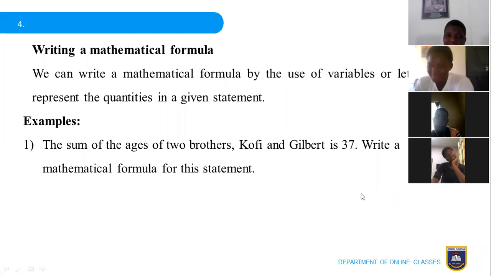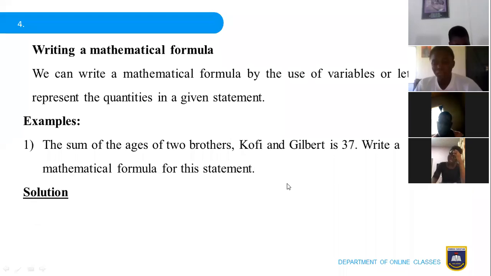So let's see what we have here. Solution. Let's see our suggested solution here. Since we don't know the variables for Kofi and Gilbert, you can use their first letters like Fumado did.